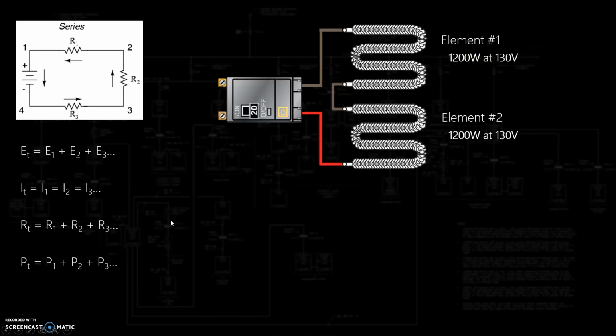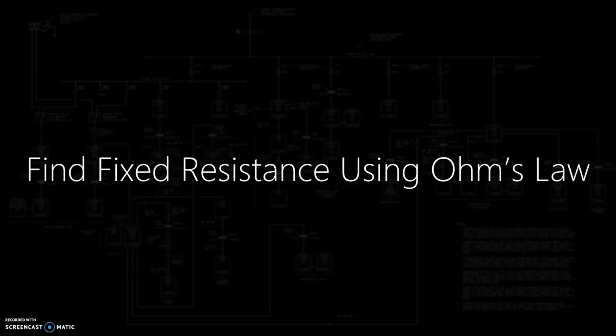The first thing I'm going to tell you about a series circuit is that rarely, especially in these textbook problems, are you going to find that you're operating them at their rated voltage. Rarely does that happen. So hopefully that sounds familiar. What do we do when we have something operating at a different voltage than its normal rated voltage? Well, hopefully you all said find the fixed resistance using Ohm's law. Does that ring a bell? Because it should.